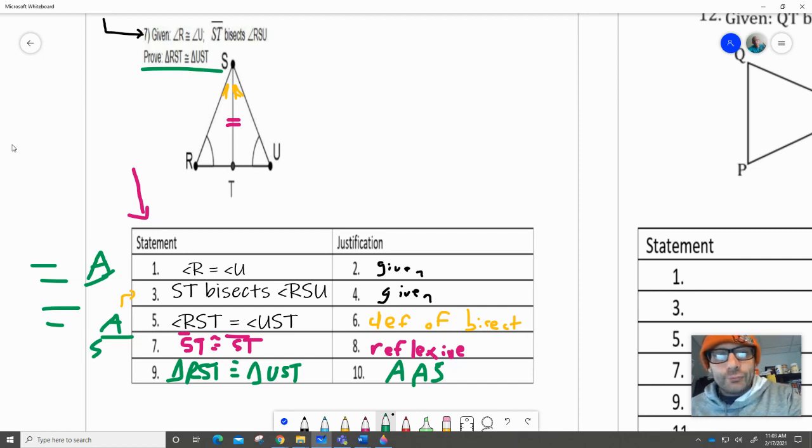Once we have enough of that information, three things, whether it be SSS or SAS or ASA or AAS, that should be enough to prove the triangles are congruent. So triangle RST is congruent to triangle UST by angle, angle, side.